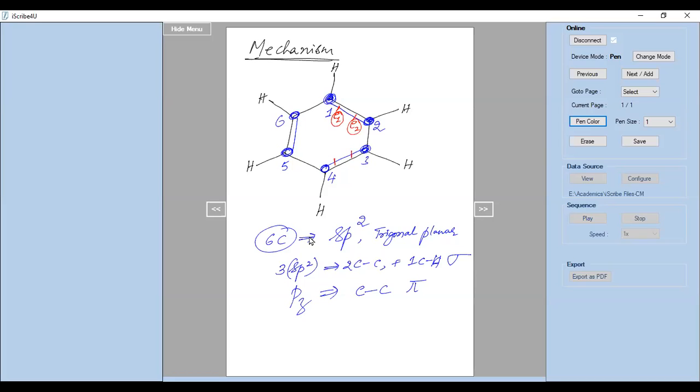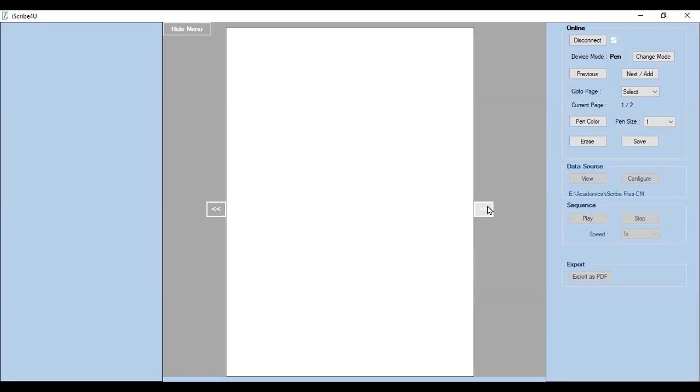Similarly, we have a pi bond between carbon atoms 3 and 4; this electron belongs to the third carbon, E3, and this is E4. Similarly, here this is E5 and E6. Just to understand the mechanism, I'm labeling the benzene structure like this. Next, let us look at the attack of electrophile in the next slide.